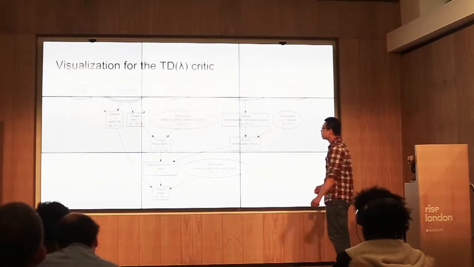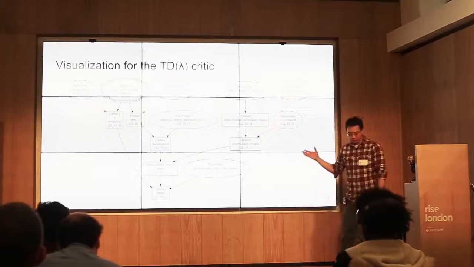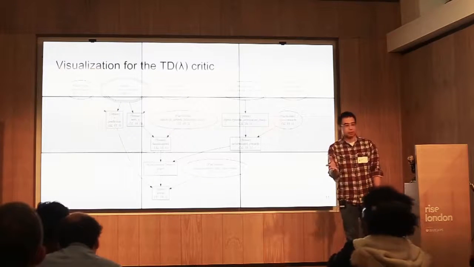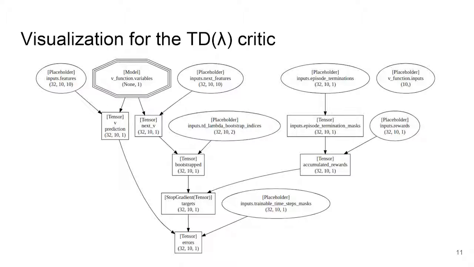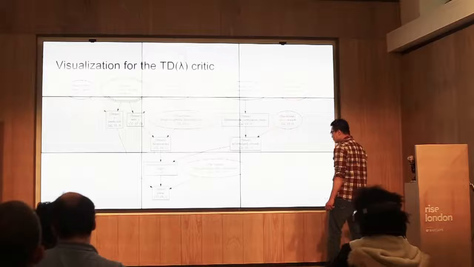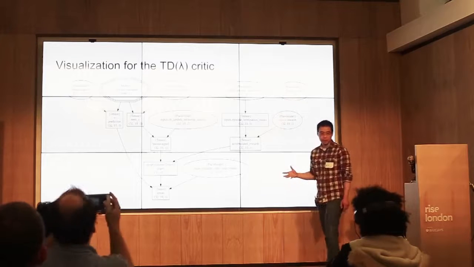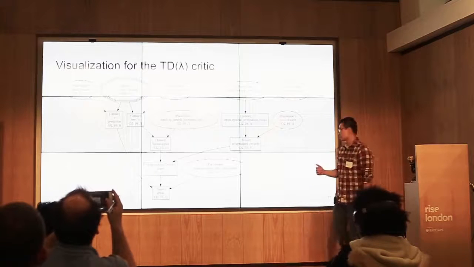And now, the previous chart I showed is a toy example, and here I'm showing an actual graph for the TD lambda critic. It's a commonly used machine learning model in the field of deep reinforcement learning.